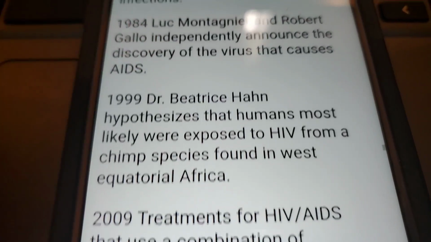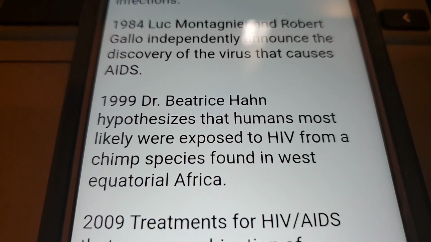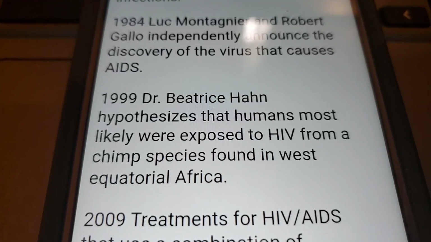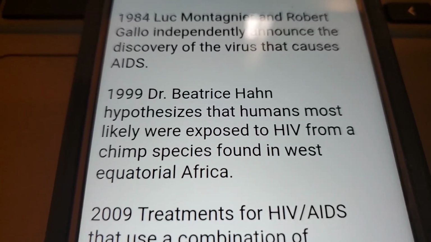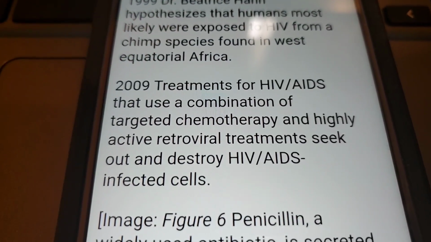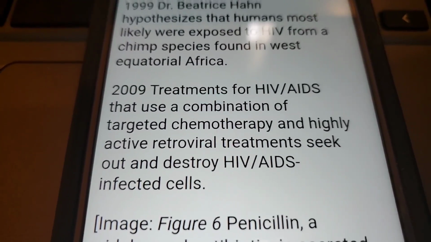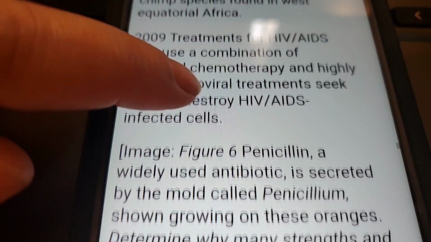In 1999, Dr. Beatrice Hahn hypothesized that humans most likely were exposed to HIV from a chimp species found in West Equatorial Africa. In 2009, treatments for HIV and AIDS were used to help the infected cells.